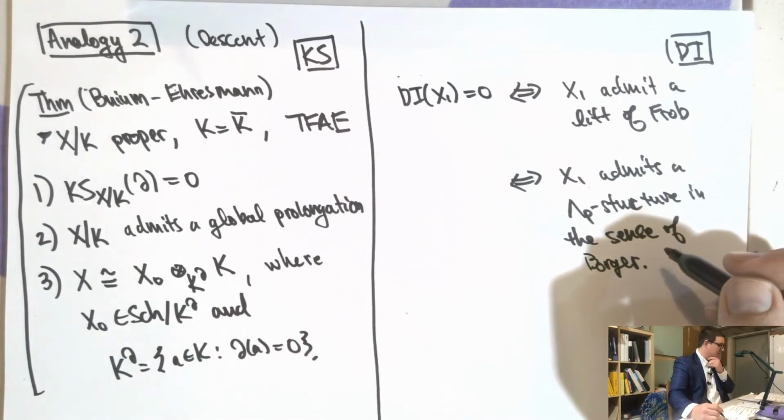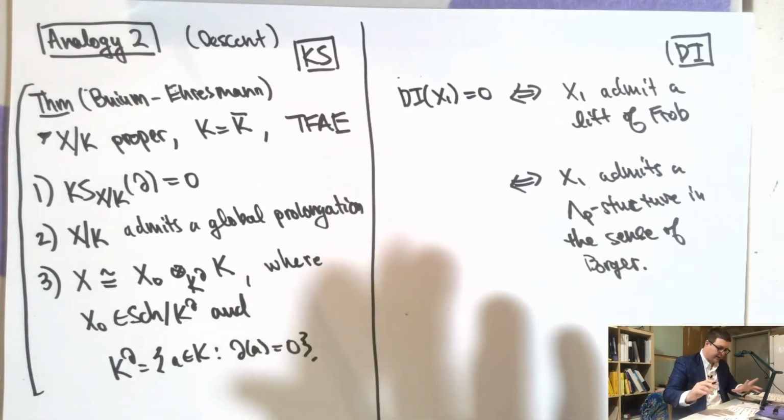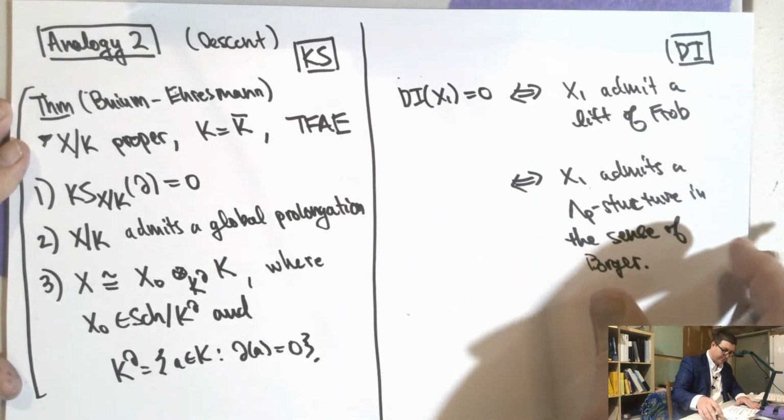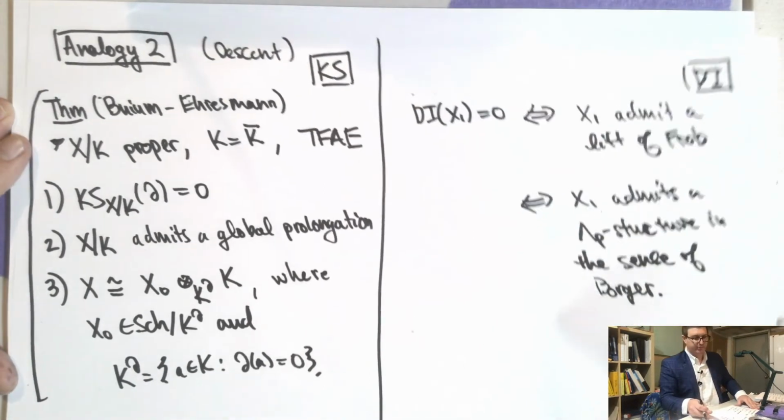So this is some sort of descent to the field with one element, is the way we think about it. And I'm sure I offended people by saying that.